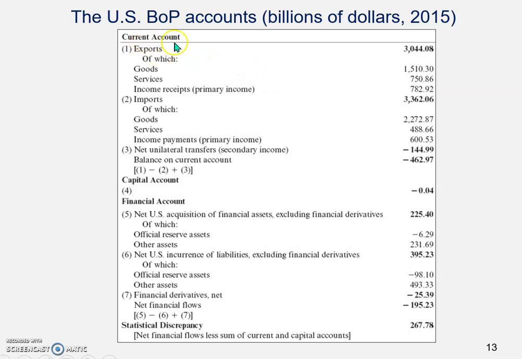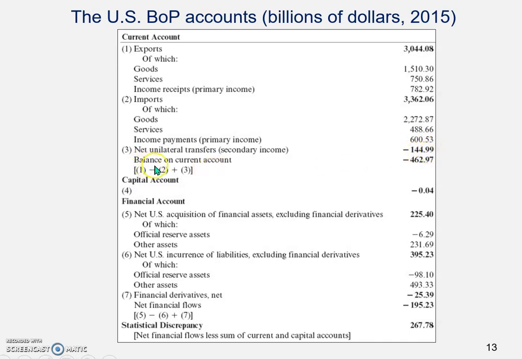All right, so the current account in 2015, we find that the U.S. exports about $3 trillion of goods and services. So this is how much credit we have under the current account. And the U.S. in the same year imported about $3.36 trillion of goods and services. So this is the debit. And we also have the unilateral transfers, about 144 or 145 billion dollars here, which is also recorded as a credit.